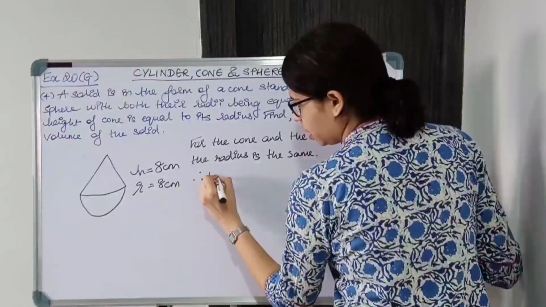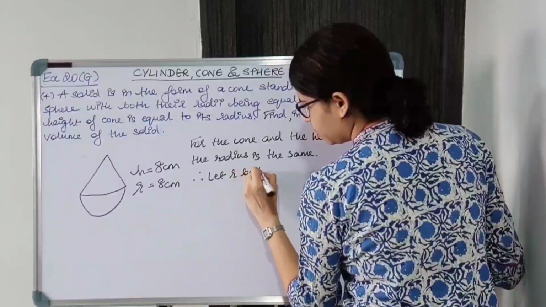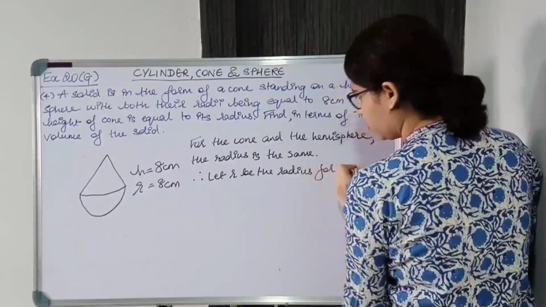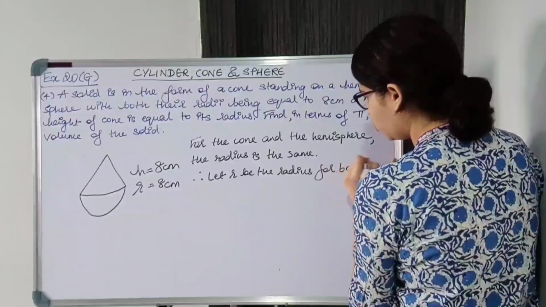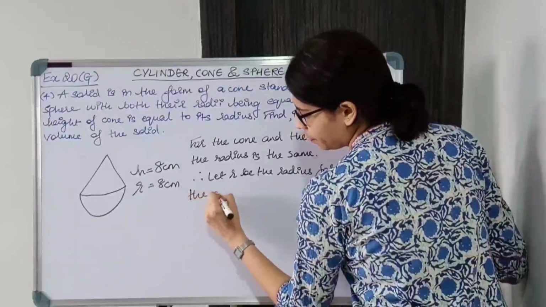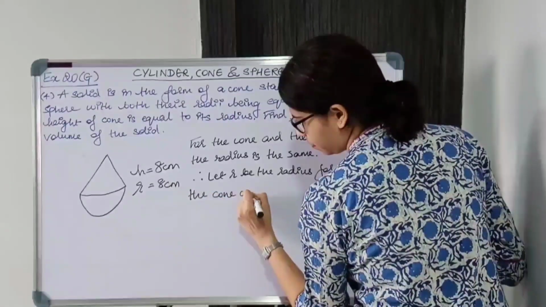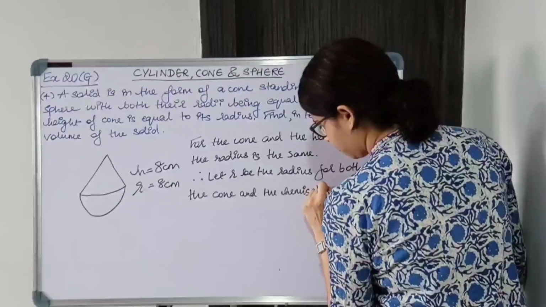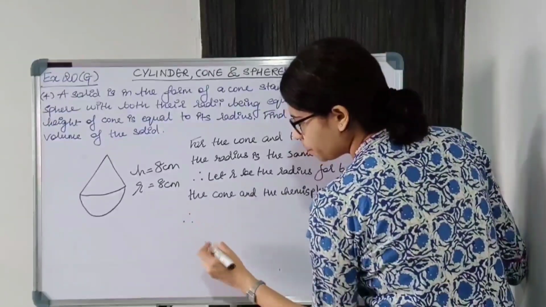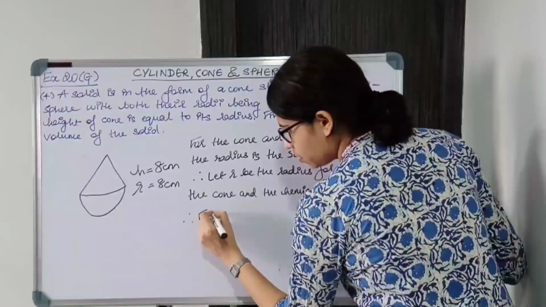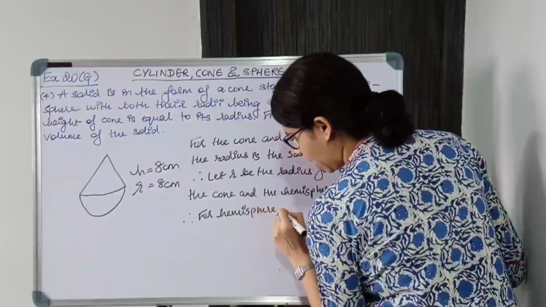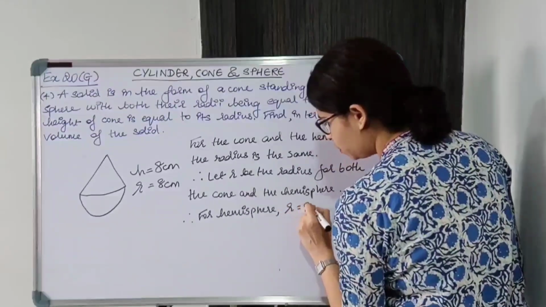Therefore, let r be the radius for both the cone and the hemisphere. Okay. So therefore, for hemisphere, what do we have? We have r is equal to 8 centimeters.